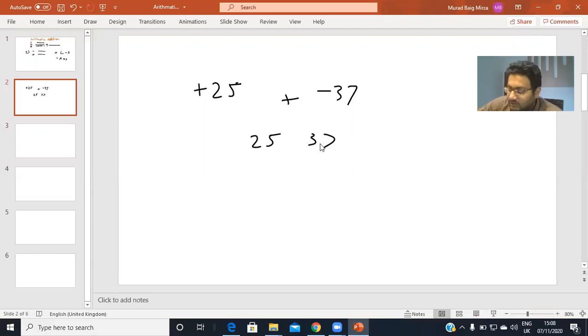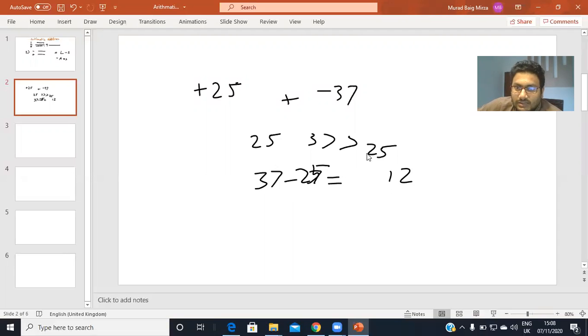Obviously 37 is greater than 25, so we subtract 25 from 37. The answer we get is 12. And what about the sign of this answer?